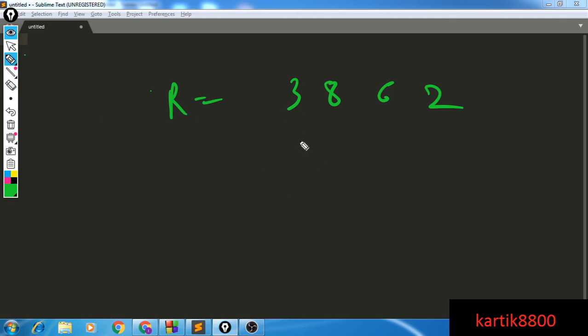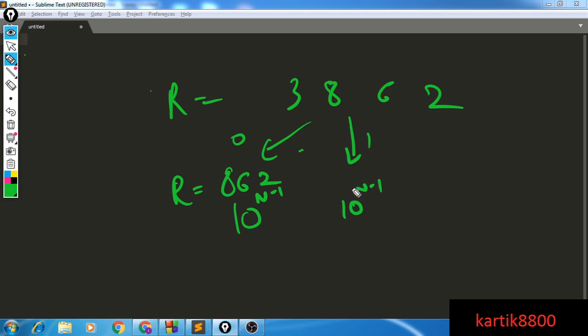What about the count of numbers that exist if you do pay regard to R? Then you can put in a 0 here. If I put in a 0 here, then I'll be interested in how many 3-digit numbers exist, and you don't need to think about the corresponding digits of R anymore, because you put in a 0, now the remaining 3 digits could be anything. So that's basically 10 power n minus 1 contribution for that. If I put in a 1, similarly another 10 power n minus 1, because for the remaining 3 digits you can put in anything.